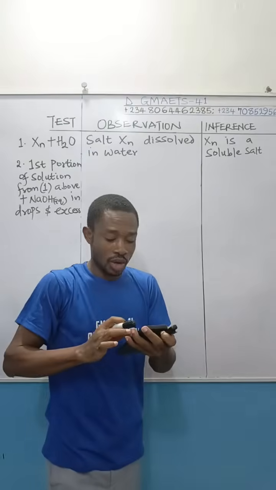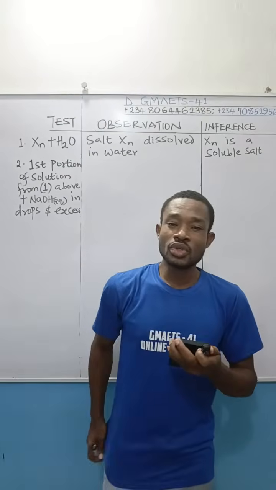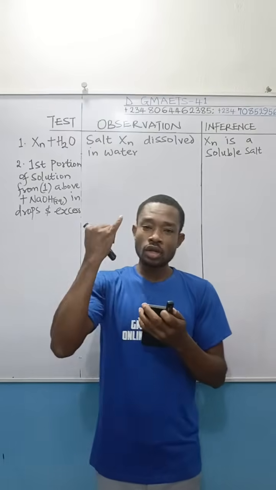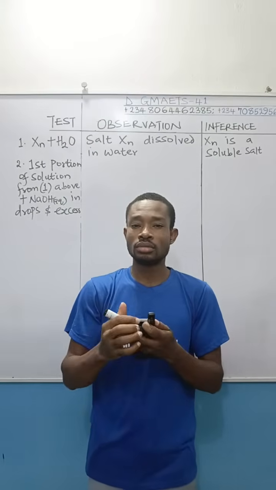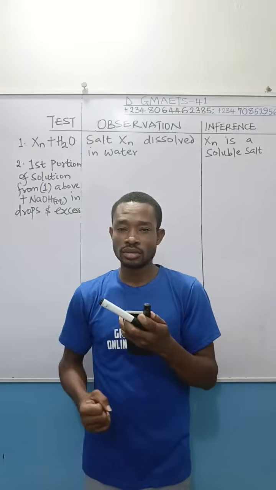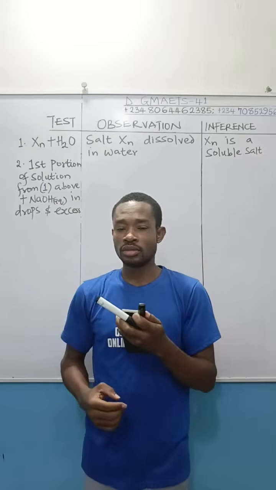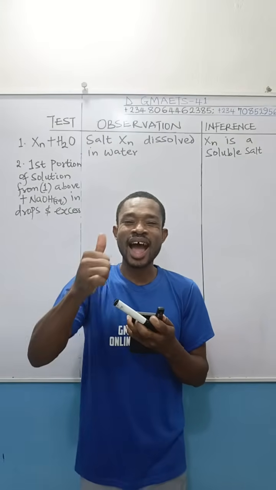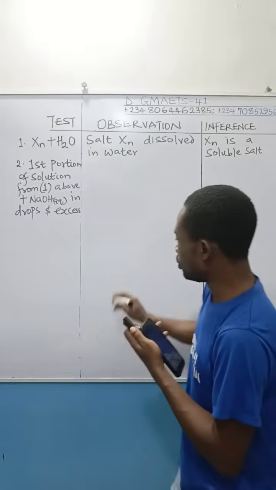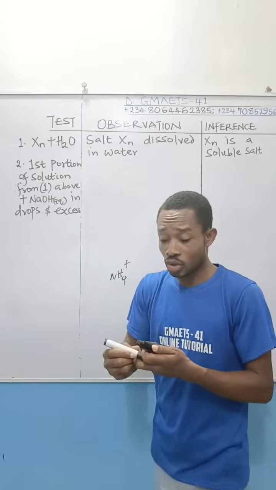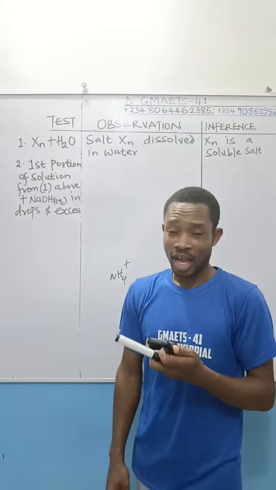Now, this sodium hydroxide is used to test for calcium ion, zinc ion, lead ion, aluminum ion, all right? And then ammonium ion, NH4+. Sodium hydroxide is used to test for them. Are you following?